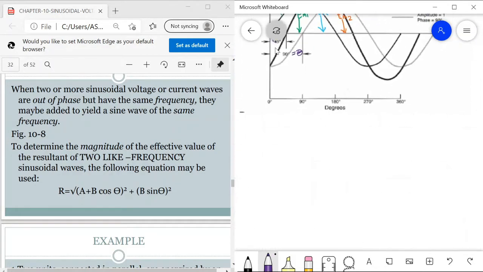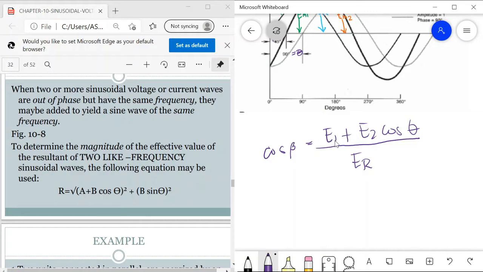For the angle beta naman, we can calculate cosine beta is equal to E1 plus E2 cosine theta divided by E resultant.